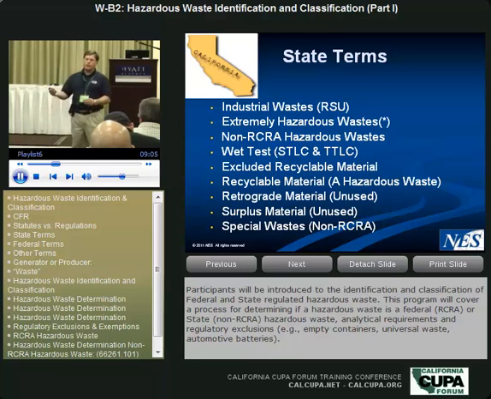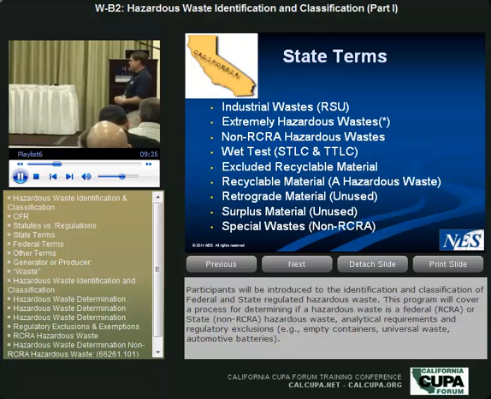But there are some differences. In my discussions with Charles Cochran with DTSC 2 weeks ago, until that case is litigated and adjudicated, it's not going to change anything in the state of California. But there is federal movement to have excluded recyclable materials or excluded recyclable wastes federally, similar to how we do it in the state of California. But right now, it's a state term.